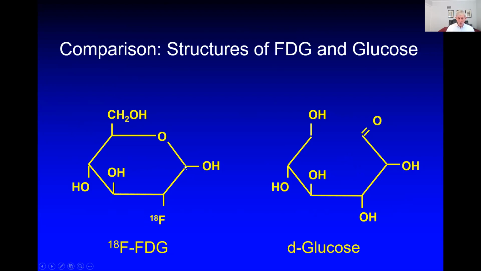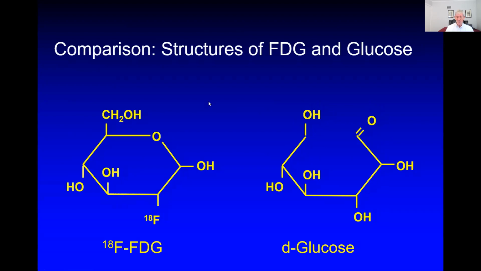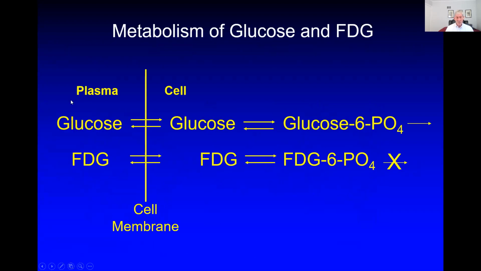FDG has a closed ring structure. It's very resistant to hydrolysis. It's hard to break any of these bonds, but glucose actually has two ends sticking out. It's not a ring structure at all. So we have this end here with an aldehyde group and this end with a hydroxide group. And so watch what happens.